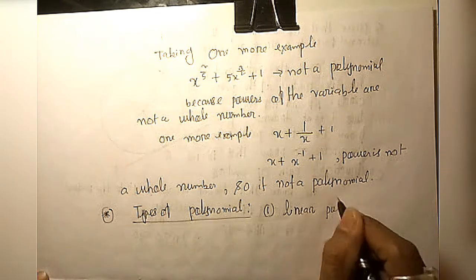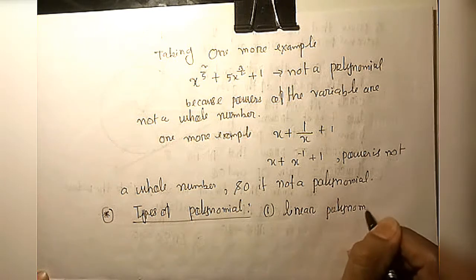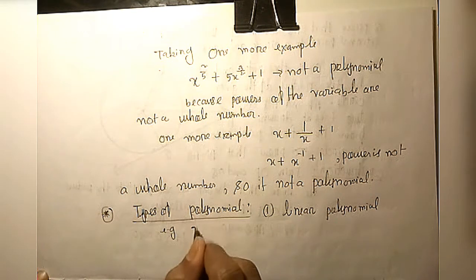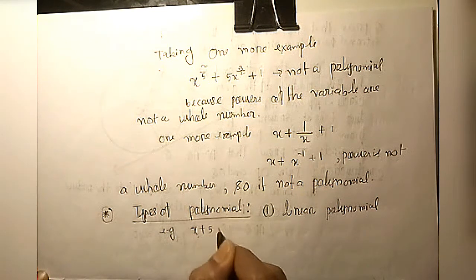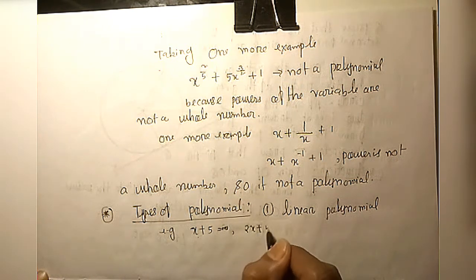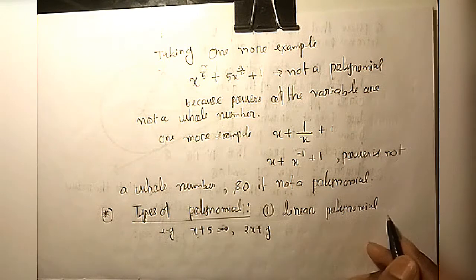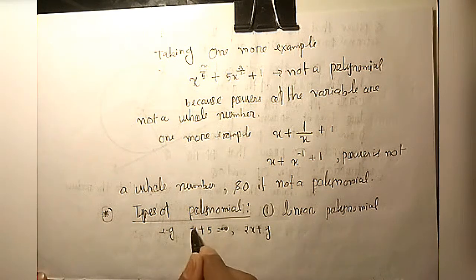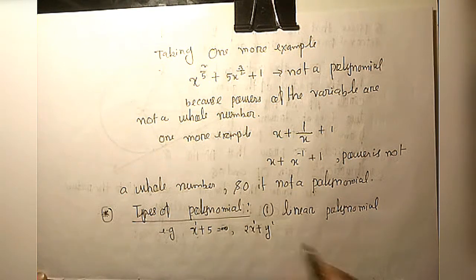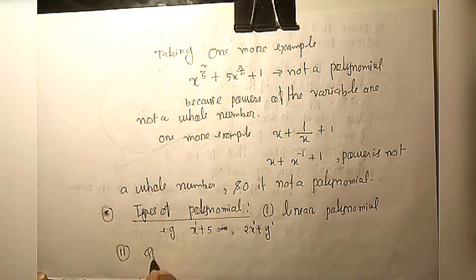Types of polynomial is very important. Linear polynomial, example, x plus 5, twice x plus y. These are known as linear polynomials. Why linear polynomial? Because the power of the variable is 1. That's why it is known as a linear polynomial.